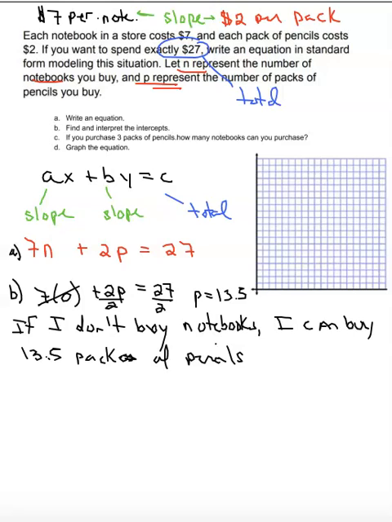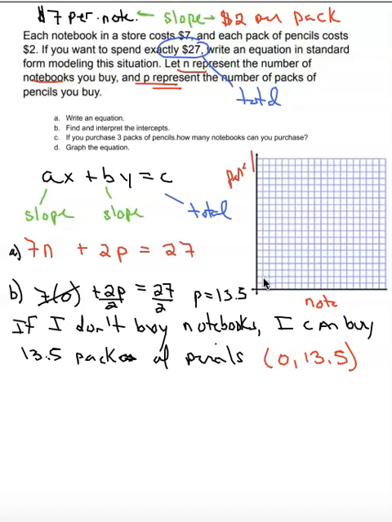And then the other intercept, and before I get there, so this coordinate, right? 0 notebooks, 13.5 packs of pencils. So right now, I'm going to go right to my graph, and I'm going to plot that 0, 13.5, because my x is my notebooks, and my y is my pencils.